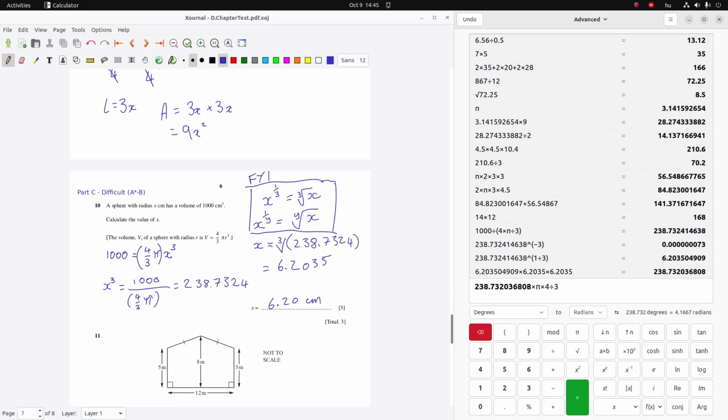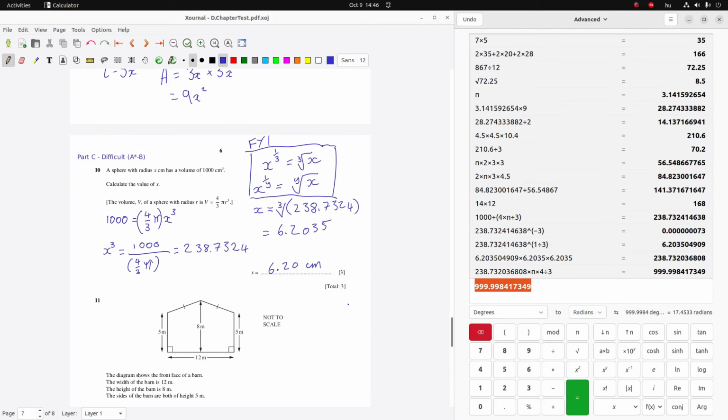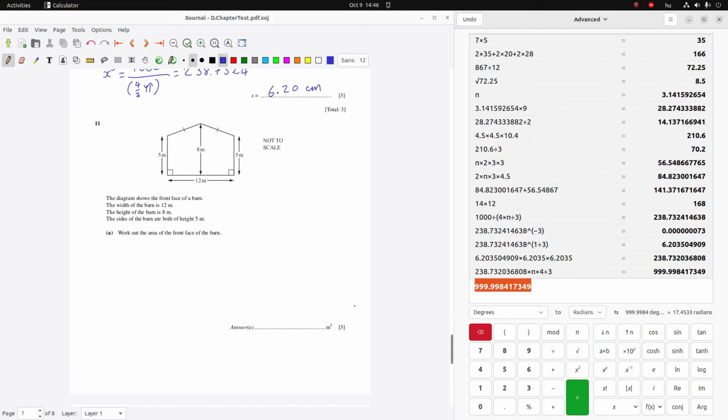If I didn't make a mistake, it should be almost exactly 1000, with just a small difference because of rounding error. The moment of truth is here. Yeah, it's almost exactly 1000, which means I double checked myself, and I'm pretty sure I got all 3 points for this one. Okay, next, question 11.